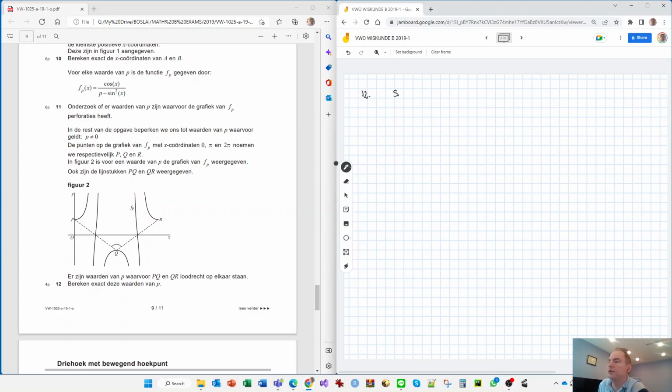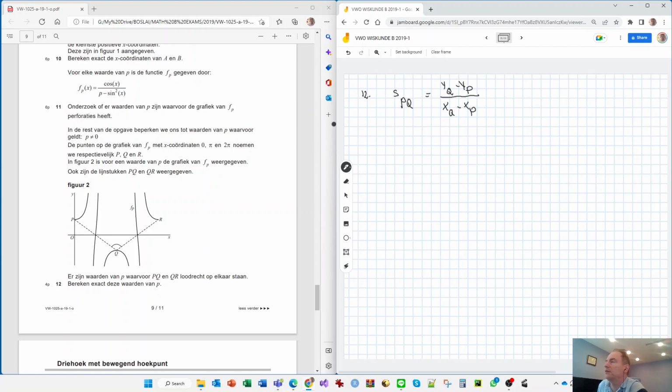The slope of PQ would be the y of Q minus the y of P, divided by the x of Q minus the x of P. So it's yQ minus yP divided by xQ minus xP.